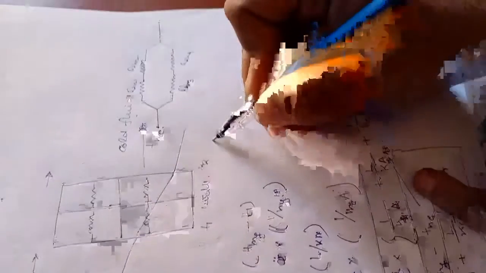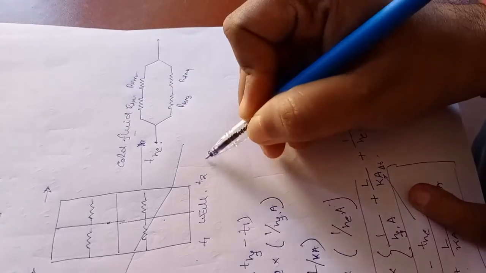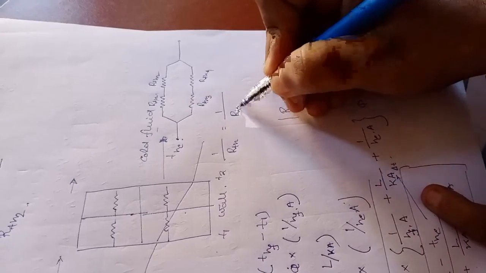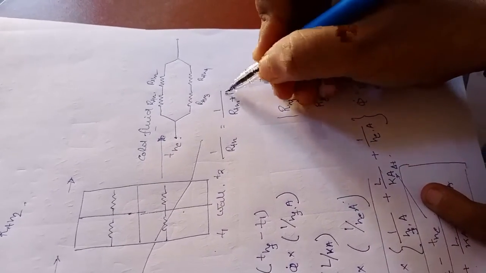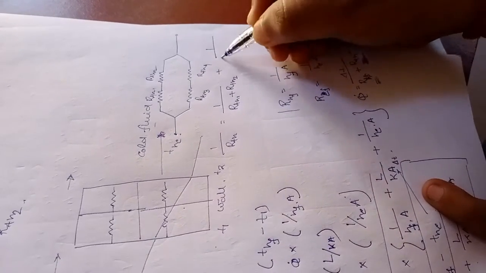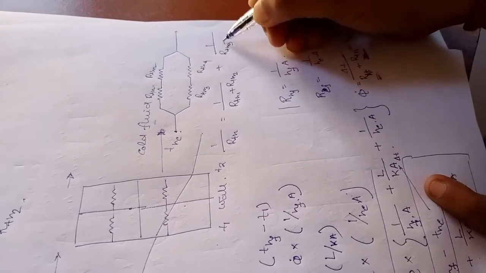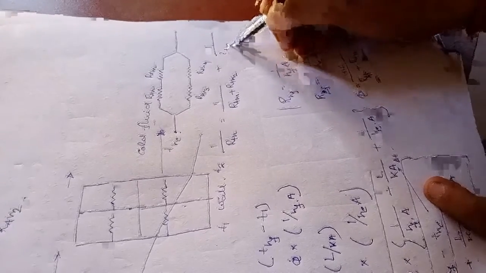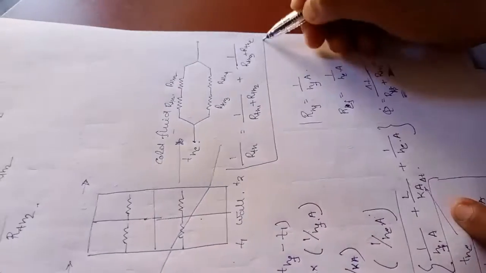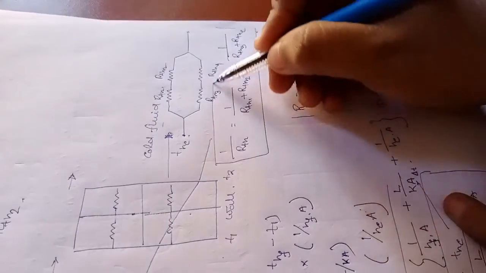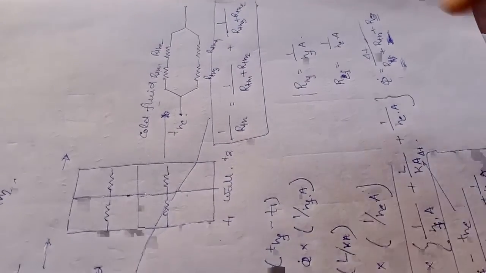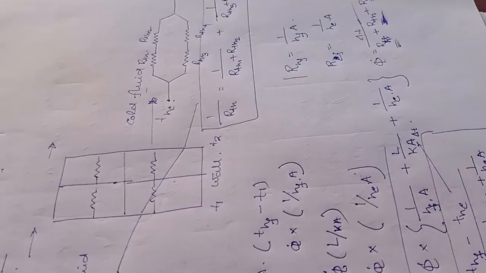So 1 by RTH will come as 1 by RTH1 plus 1 by RTH2 plus 1 by RTH3 plus 1 by RTH4. So these are the general equations we follow, just using the electrical analogy. Okay, today's lecture is up to this much. Thank you.